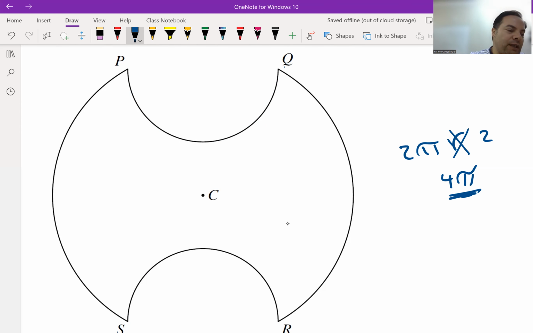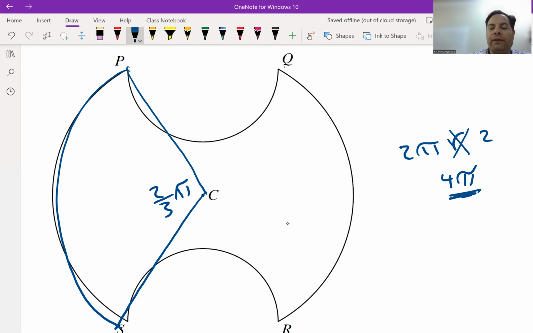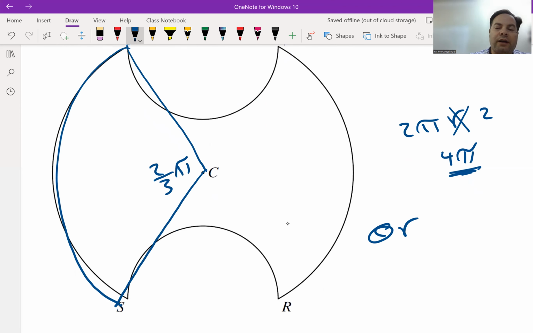You have to get the length of arc PS. The measure of this angle is 2/3 pi, and to find the length of an arc is theta r. How to get the length of arc PS?